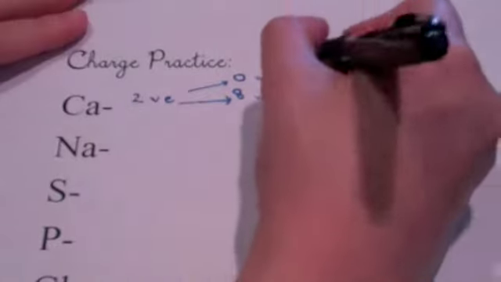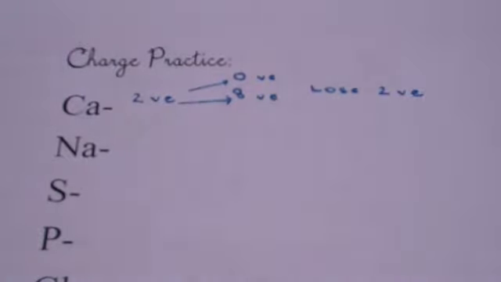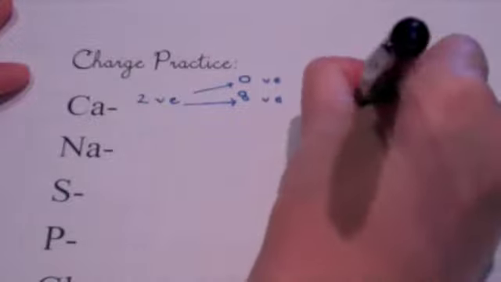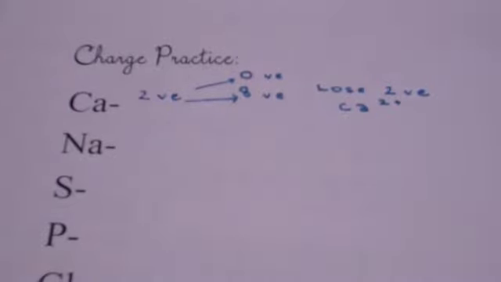I'm going to lose 2 valence electrons. If you're losing 2 valence electrons, that means you're losing 2 negatively charged subatomic particles. If you're losing 2 negative charges, that means your ion, calcium, is going to have a 2+ charge. So that's it.